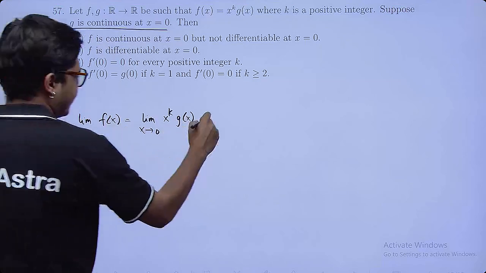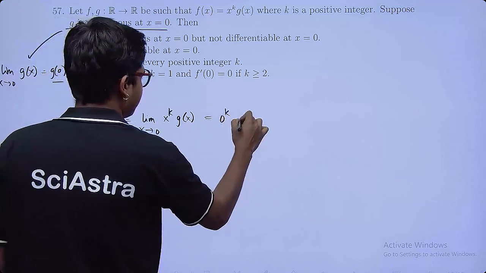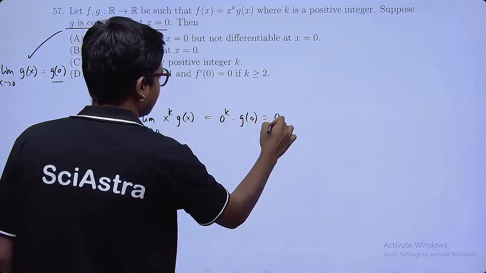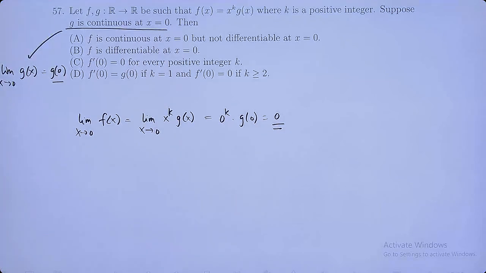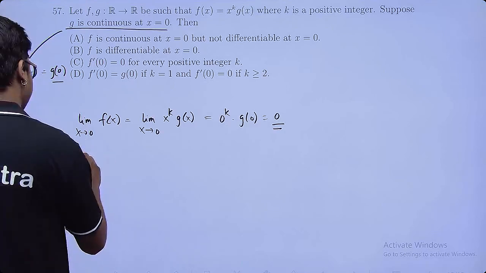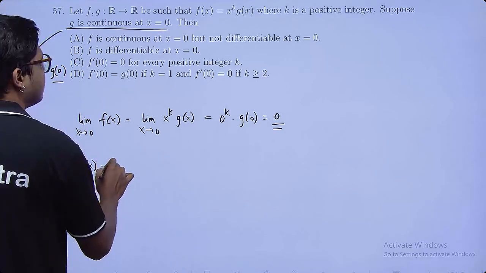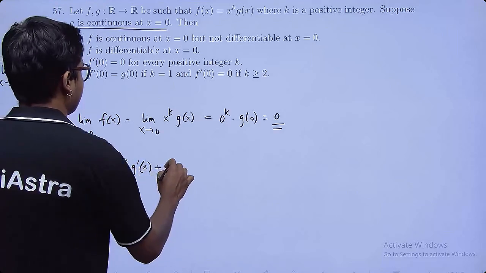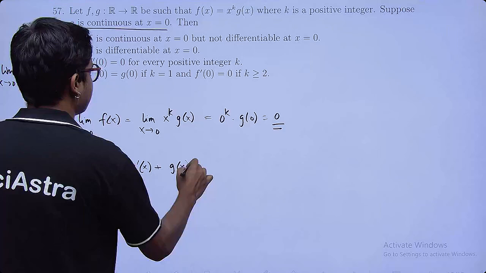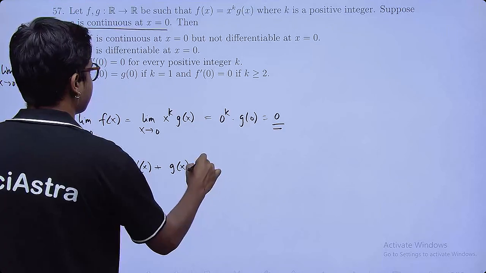So this overall thing turns out to be 0 to the power k times g(0), which is 0, right? So f is continuous at 0 and it's equal to 0, right? If I look at f prime, what will I get? I get x to the power k g prime x plus g(x) times k times x to the power k minus 1, right?